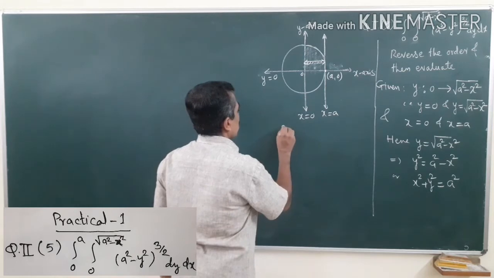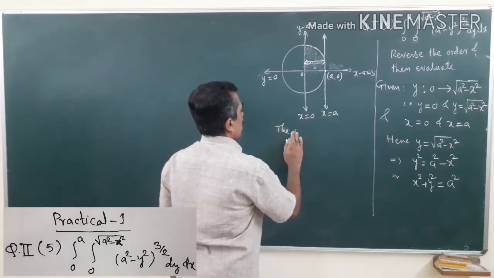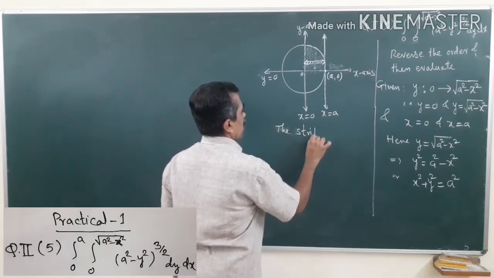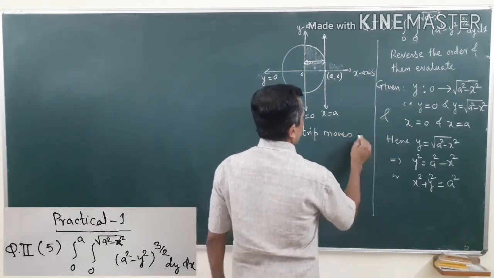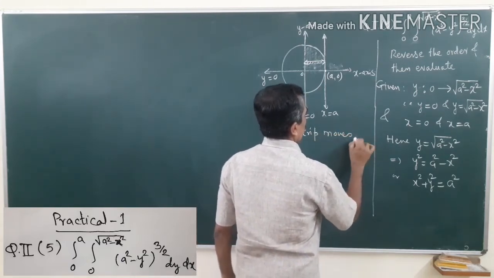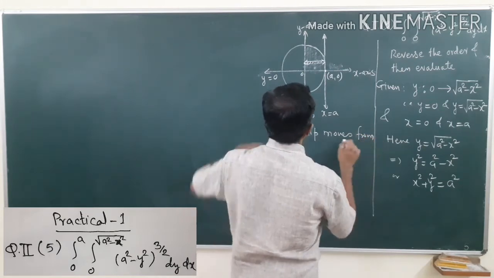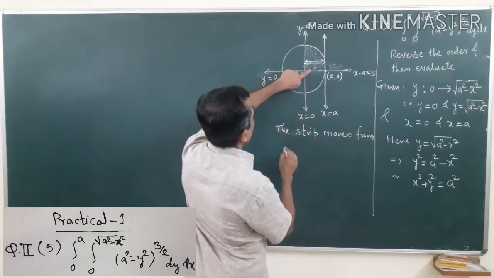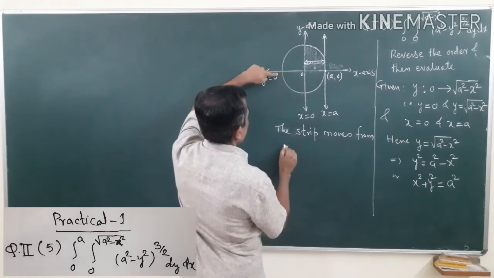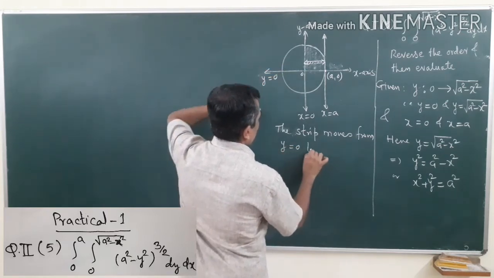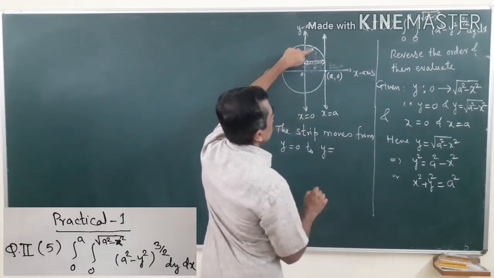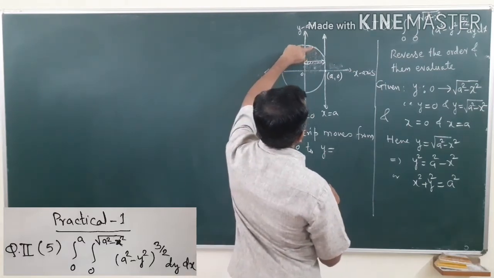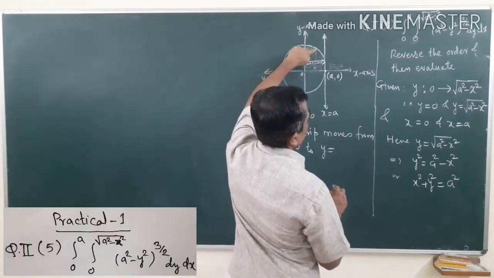the line or the strip moves from y is equal to 0 to y is equal to, what is y here?